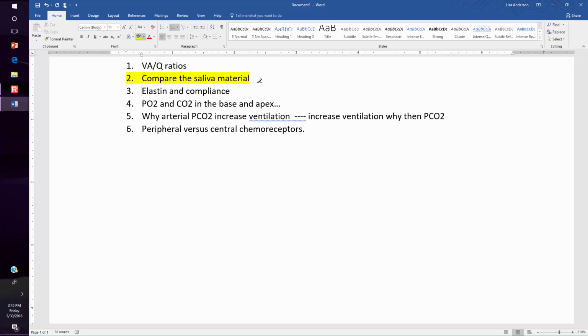The bicarb then can exchange for a chloride. And then the chloride goes through the apical cell, and now we got chloride going into the saliva. So that's the whole thing.